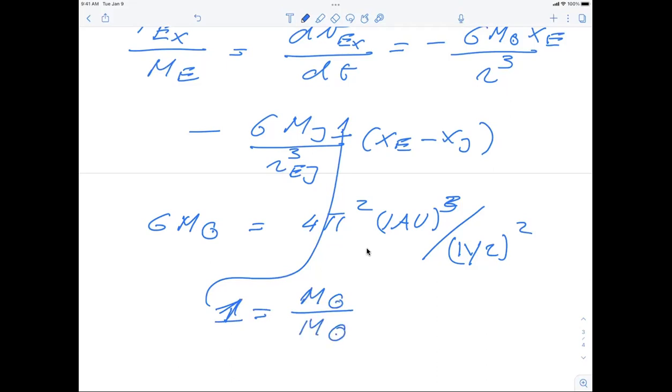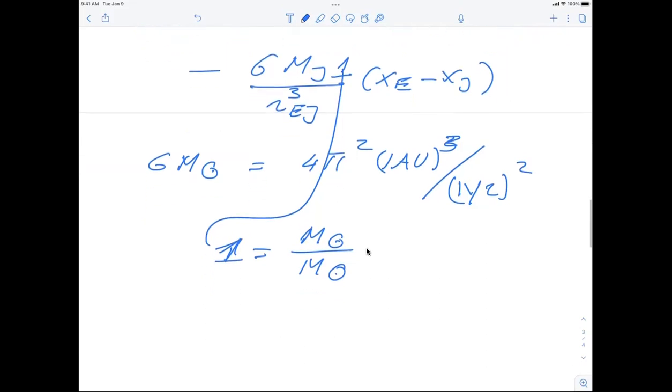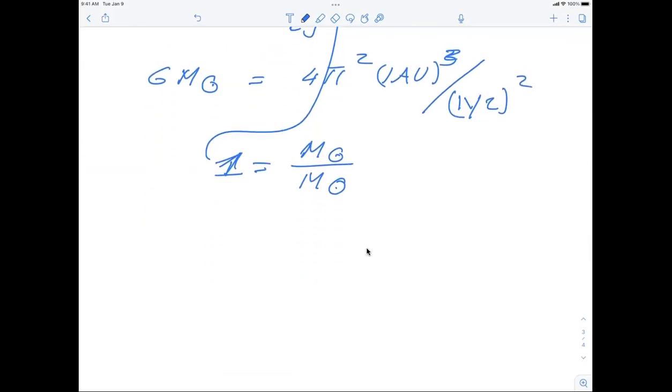Right? So then we can bring back 4 pi squared, but we have to be careful then, because we will need to scale this equation with the mass of Jupiter divided by the mass of the sun. So the way that equation is going to look like, if we do this, is that this equation now is equal.